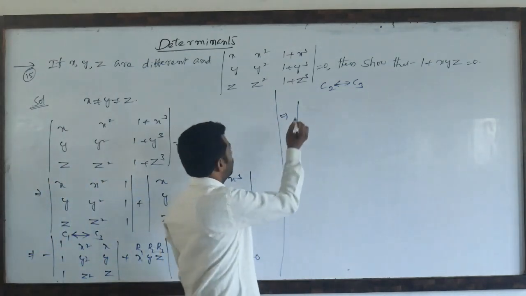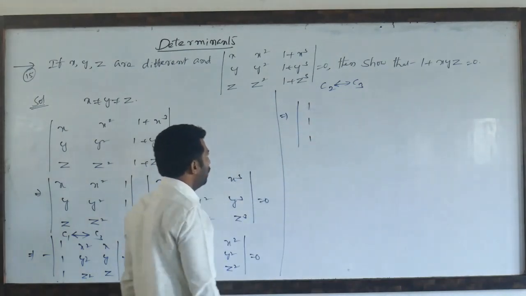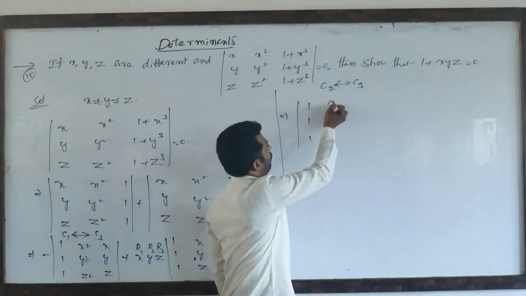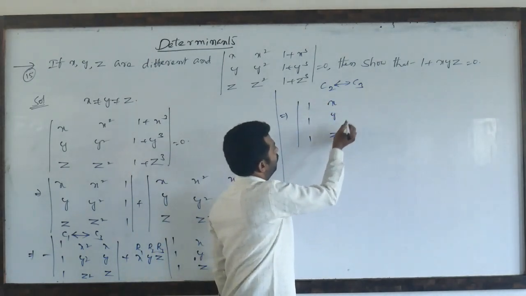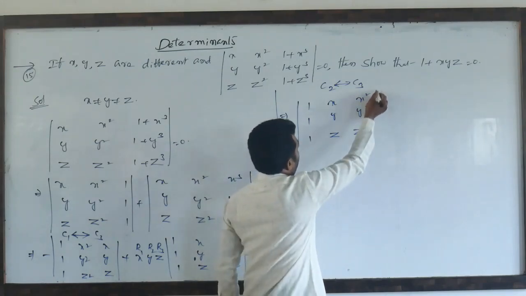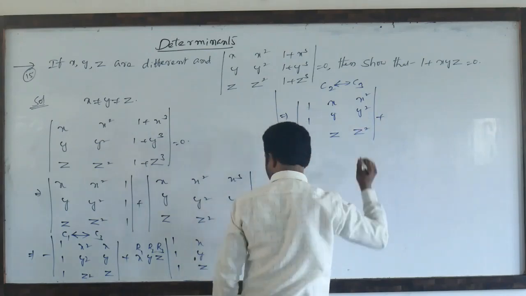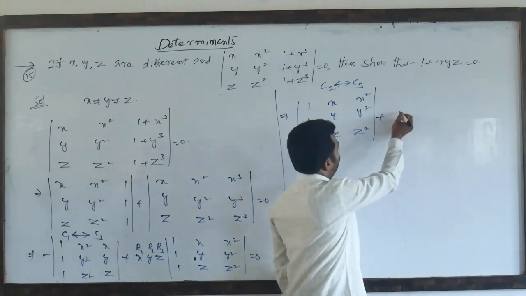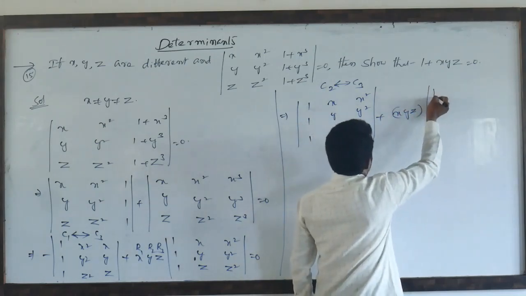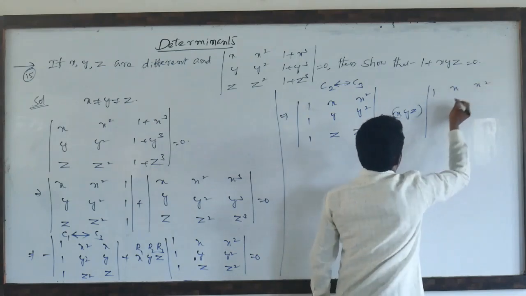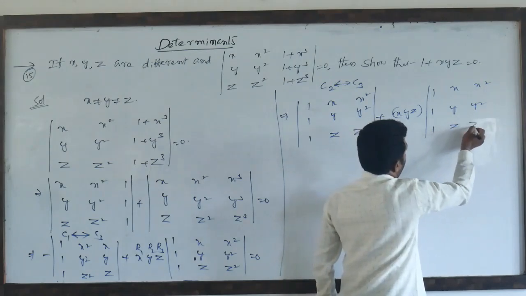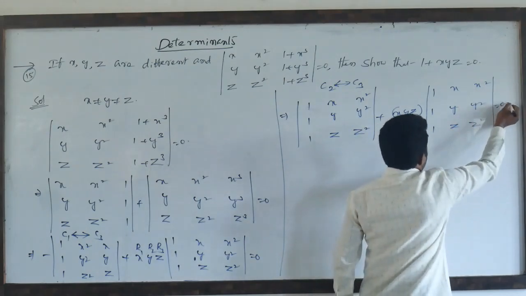Now you tell me, no change in the first column, 1. C2 C3 interchanged means this becomes x, y, z and this is x square, y square, z square, plus here x into y into z, means xyz, into the same determinant 1, x, x square; 1, y, y square; 1, z, z square equal to 0.